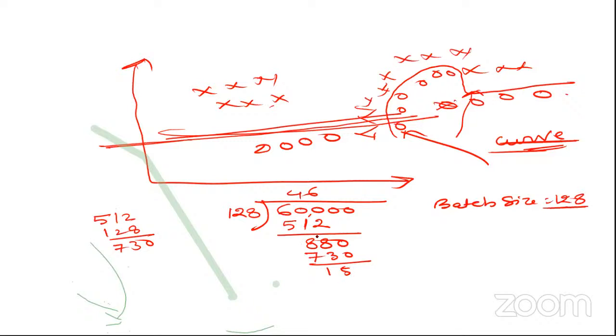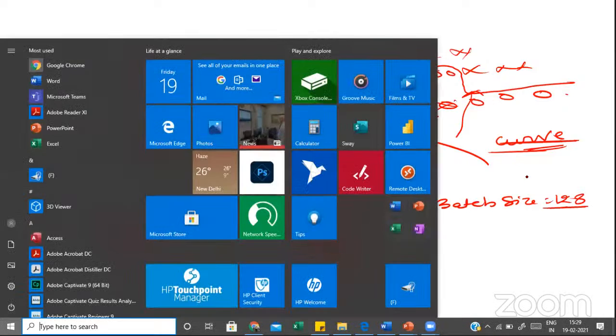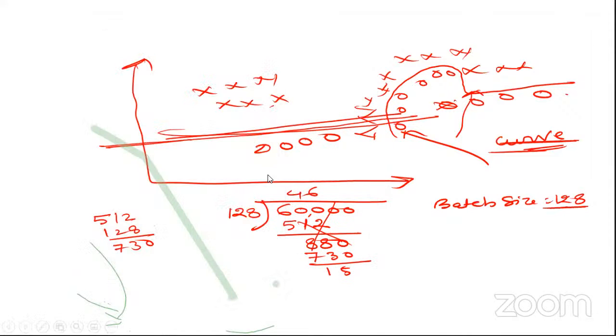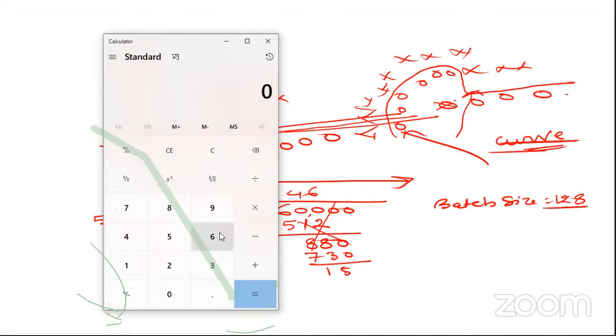Some calculation mistake is there, so please check. 60,000 divided by 128 is 468.75.